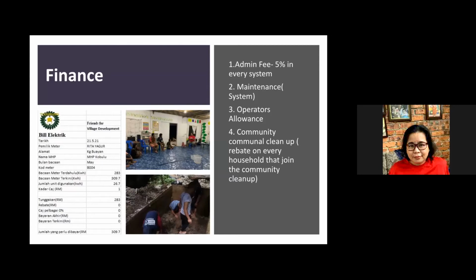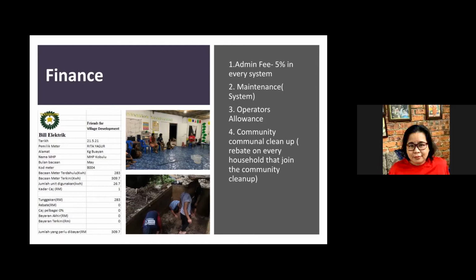In the finance part, we will impose an admin fee of 5% on every system, and also on the maintenance system. We also give operators an allowance for doing this maintenance. For the communal cleanup, we give a rebate to every member that joins the community cleanup.